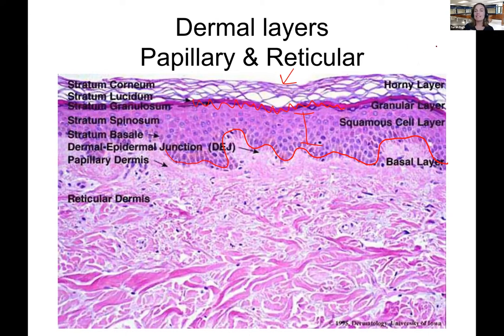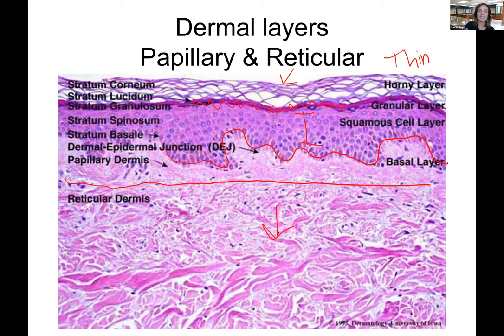But I like this image most because of the dermis. If you look at the dermis, everything below that little red line that I drew, notice right in here, I'll draw a line, all in here is the papillary layer. And you can look at that layer and tell that the tissue in there is different from the tissue down here in the reticular layer.